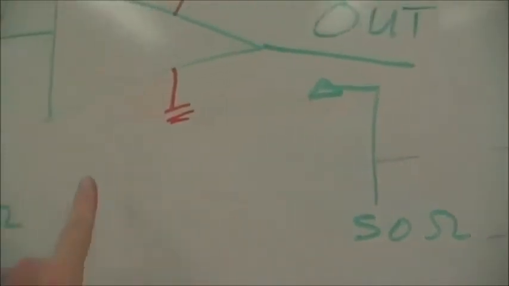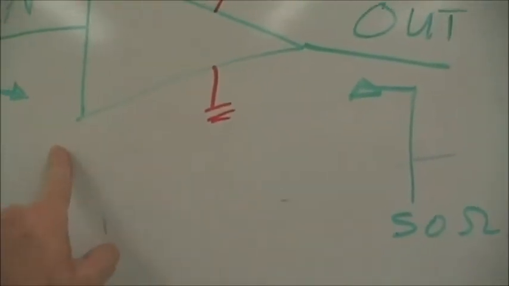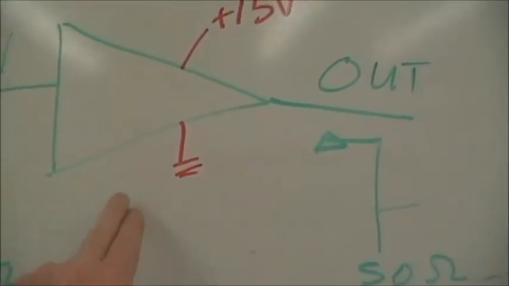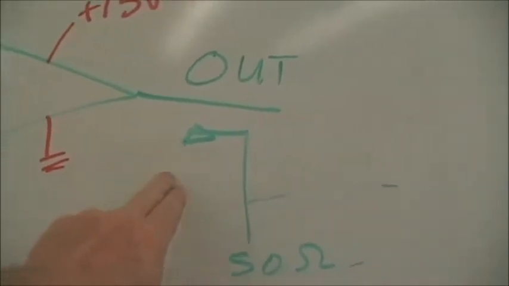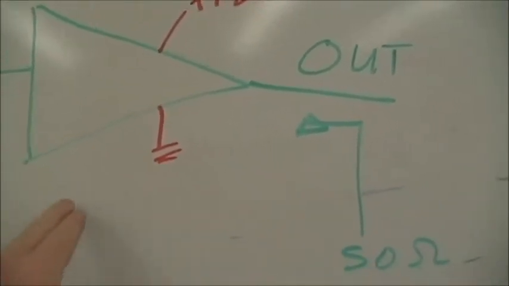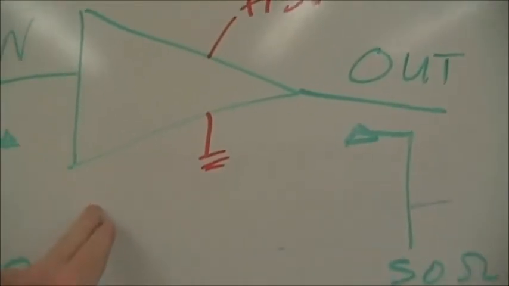So we expect that the input will be a match, 50 ohms, and the output will also be matched. But what's going to be different is that the output is going to be greater than the input, at least we hope so, right? And so S21, which is output over input, should be greater than the reference, or 0 dB.